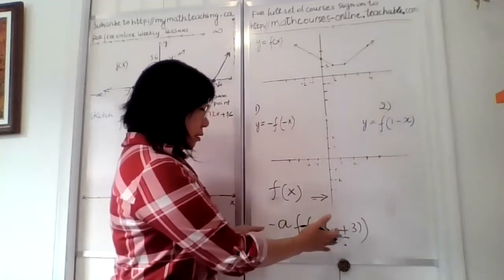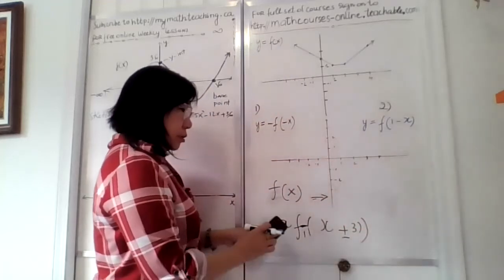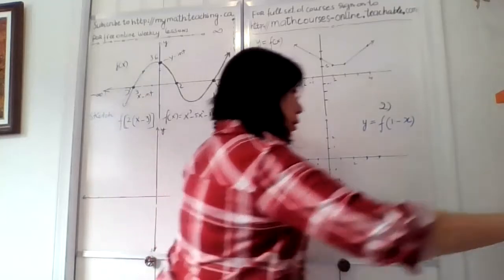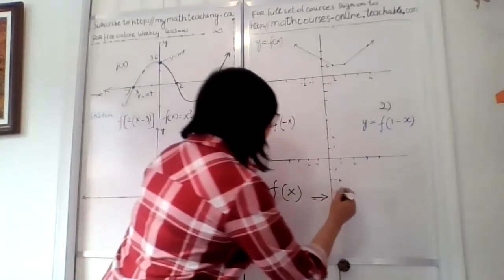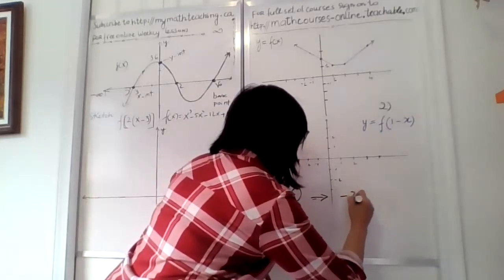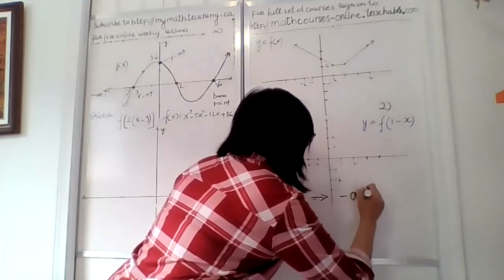So that is the notation of the function transformation. Now, let me draw it here. Let's say you have a set of functions. Let's try the general form first.